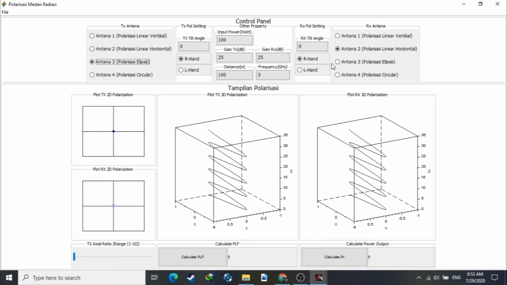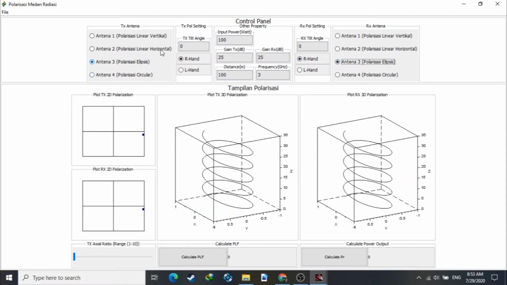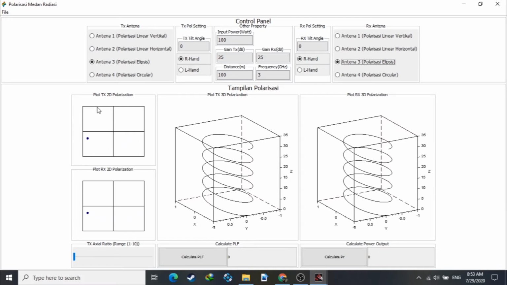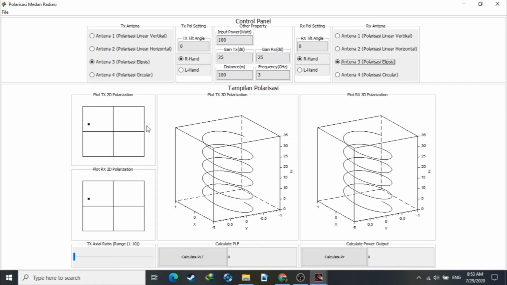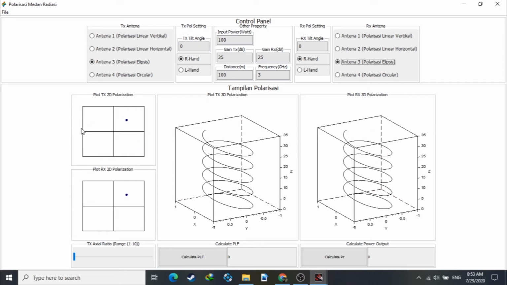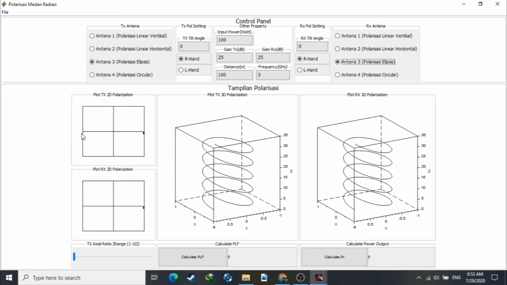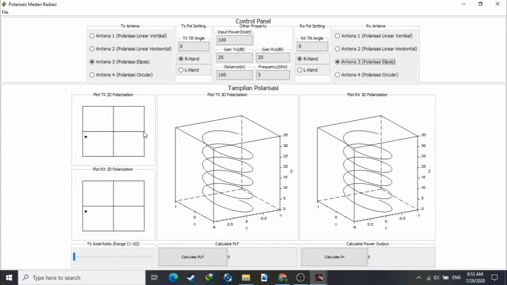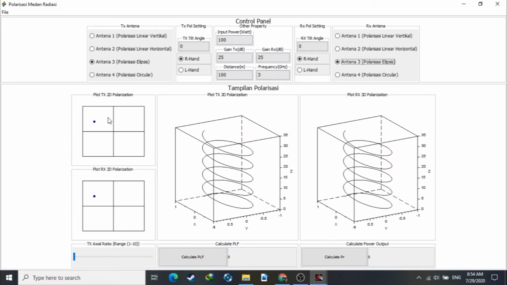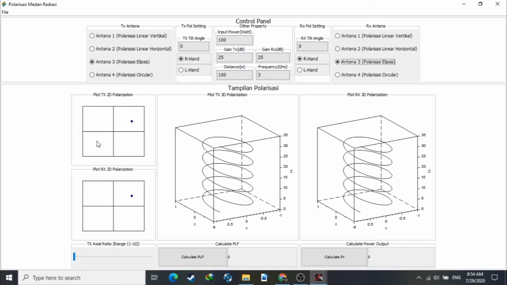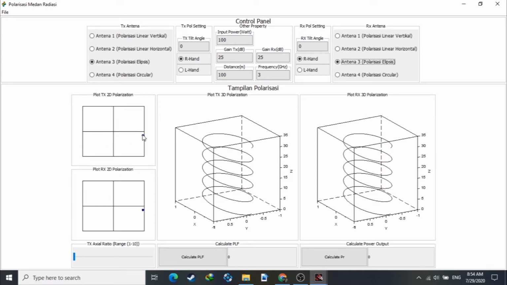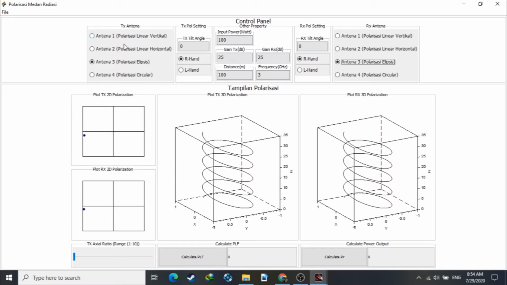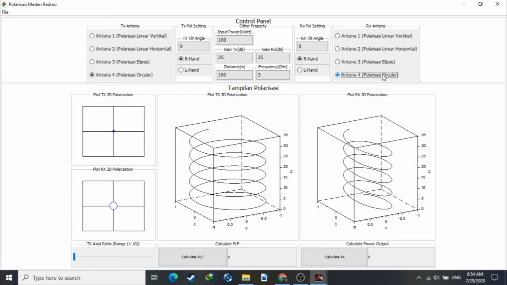And after that we have elliptical polarization. As you can see here, it moves rotating with a different radius at each point of the dimension. And if we project this movement, it's going to make an ellipse shape. Okay, and the last one is the circular polarization.